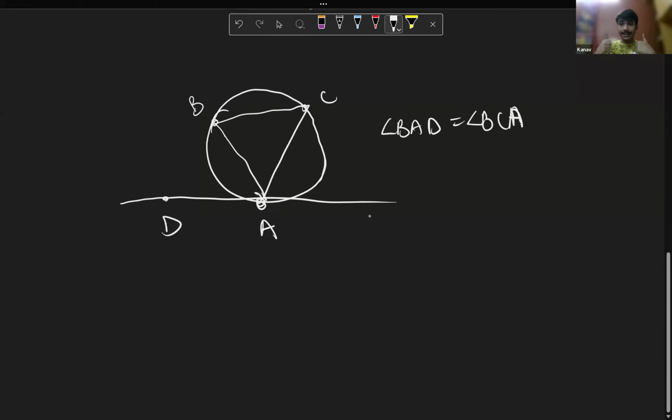This is a very useful fact. Keep this fact in mind. And for the proof of this, I'll just leave it as an exercise. Try proving this. But yeah, keep this in mind.